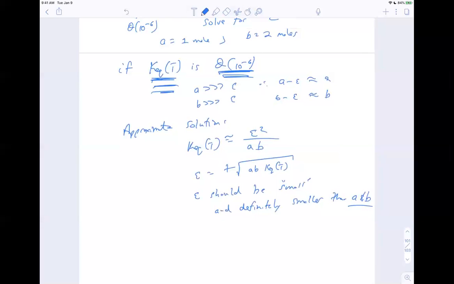So I'm going to assume that epsilon will be similarly small, and I can proceed to neglect epsilon with respect to the other values in the system. If you choose the direct quadratic approach, there's no approximation; you have an exact solution, under the assumptions of the problem, of course, and you assumed here that the gases behave ideally.